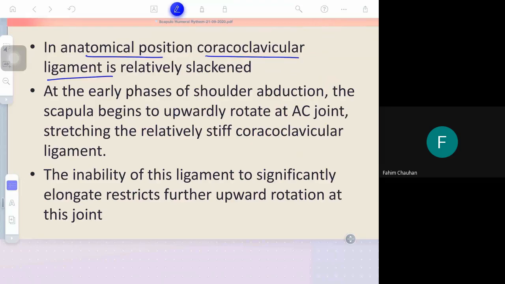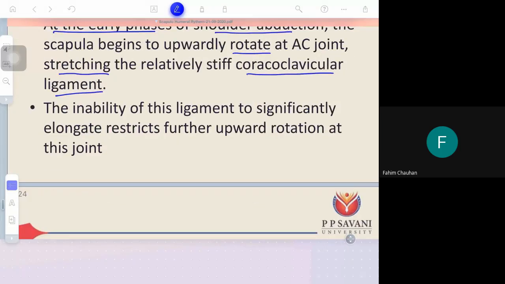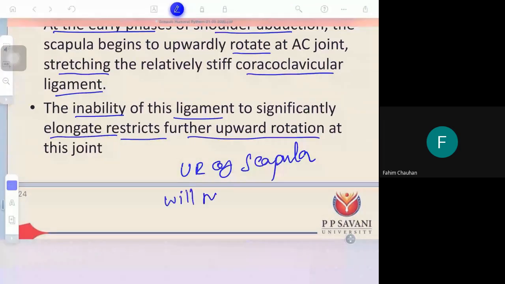In anatomical position, the coracoclavicular ligament is flat. At the early phase of shoulder abduction, the scapula begins to upwardly rotate, stretching the coracoclavicular ligament. Now the ligament is stretched. The inability of this ligament to elongate restricts further upward rotation. Upward rotation of the scapula will not occur when the ligament is taut.